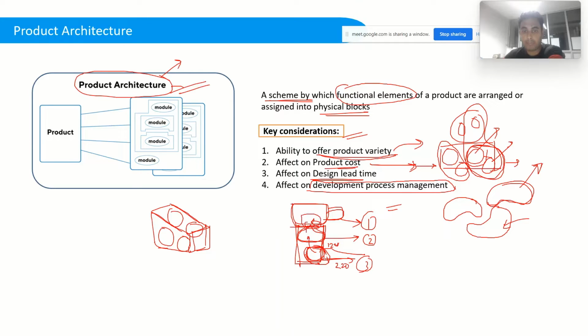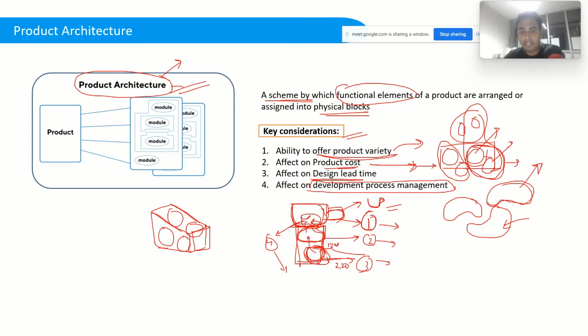Then this blade assembly may be a fourth module, and this particular glass is a first module. Now, if you have to do this, you need to plan your development process in such a way that you send this particular unit to someone who is good at plastic injection molding.